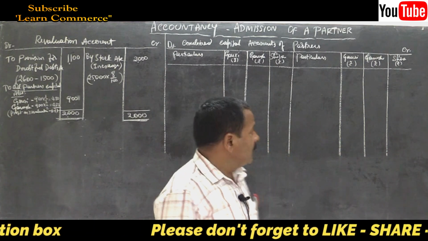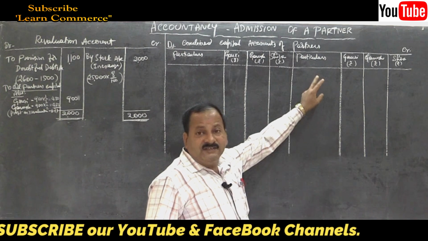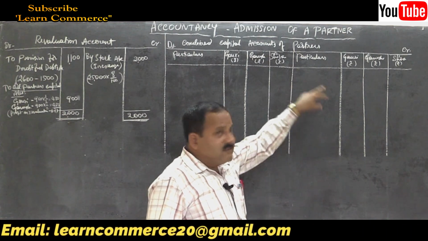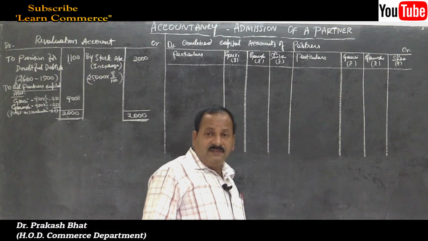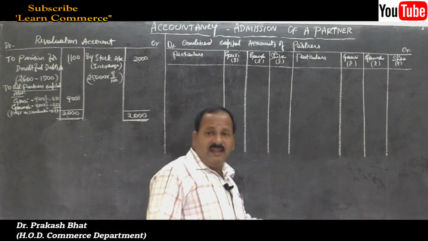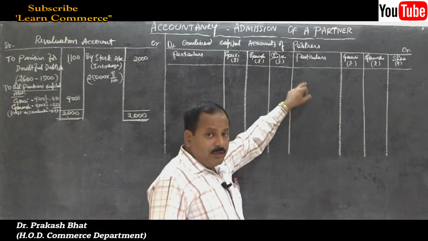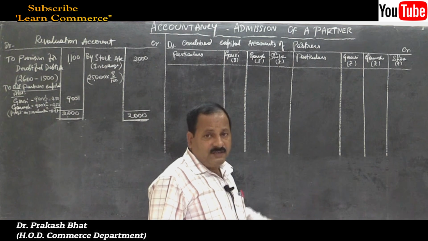Otherwise you have to make entries by balance brought down in 3 accounts, then write in the third partner's capital account by cash or bank account. Then general reserve you will write again and again, though in the new partner's it will not come.